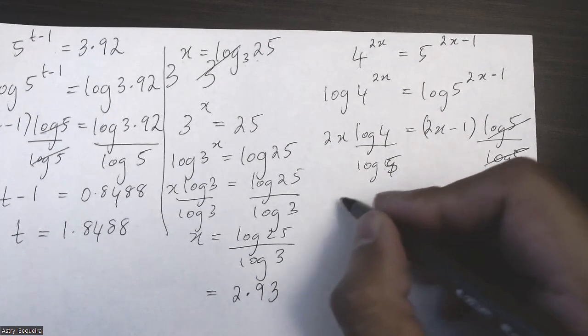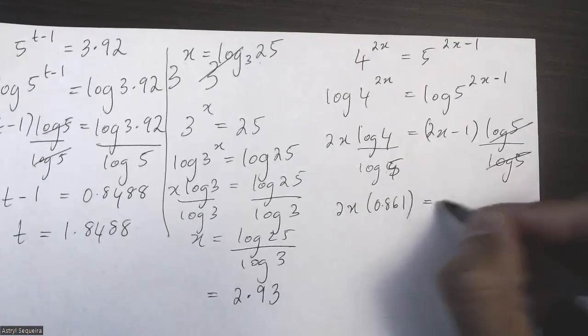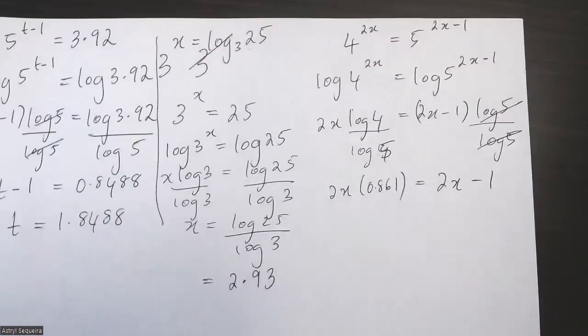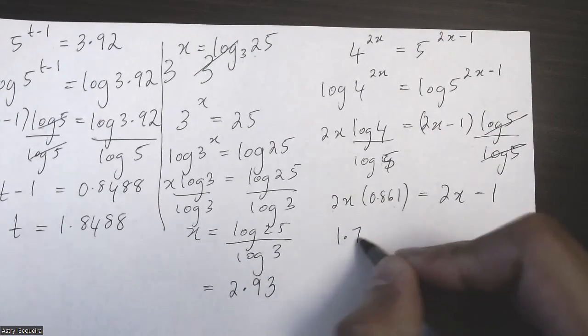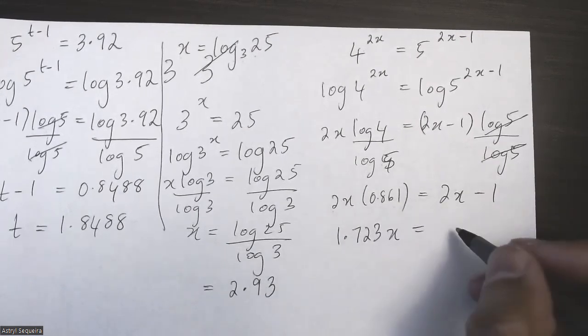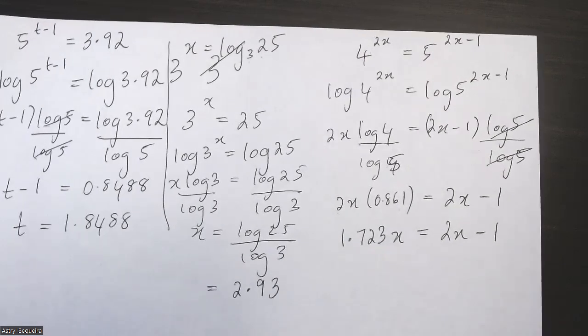And I get 2x times 0.861 if I round to 3 decimal places. Then I'll do 2 times 0.861. I get 1.723x. Again, I use the exact value, not the decimal value here. I will subtract this 2x on this side.